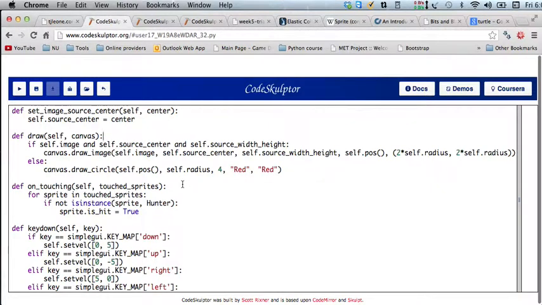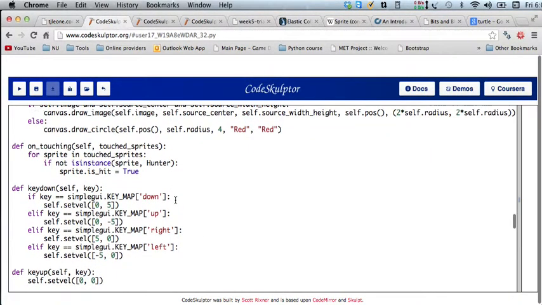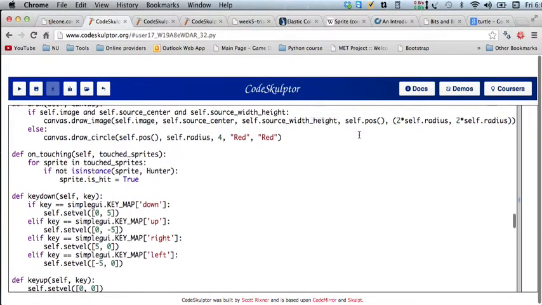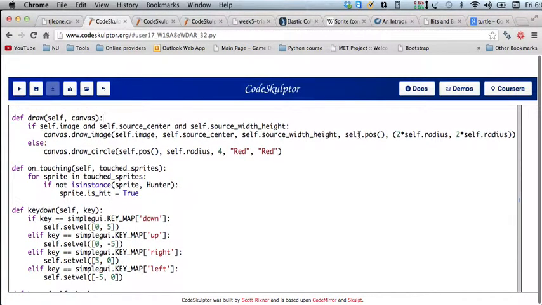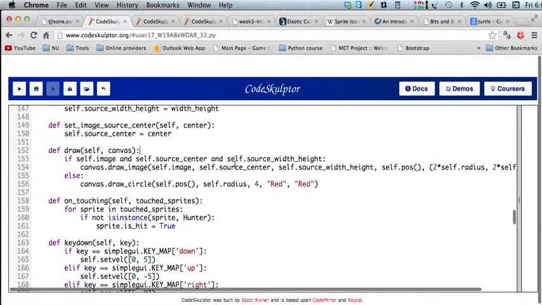But how do we know which way, if he's going up, down, left, right, or whatever? Well, we have this key down thing that tells us what to set the velocity to. So we know if our velocity is 0.5, that he should be facing that way, right? Oh, okay. We could have a rotation variable that we can set when the key goes down.